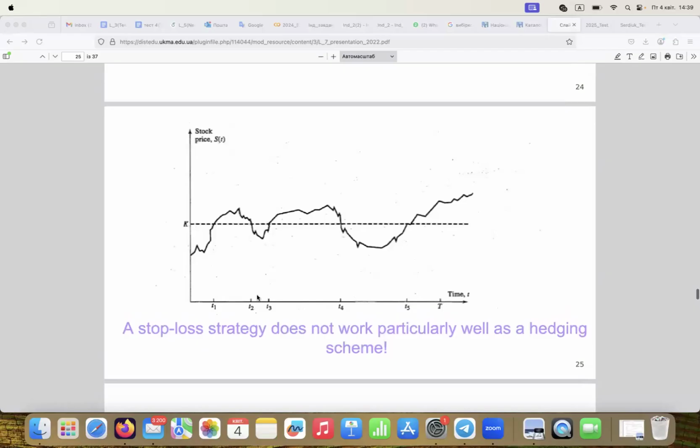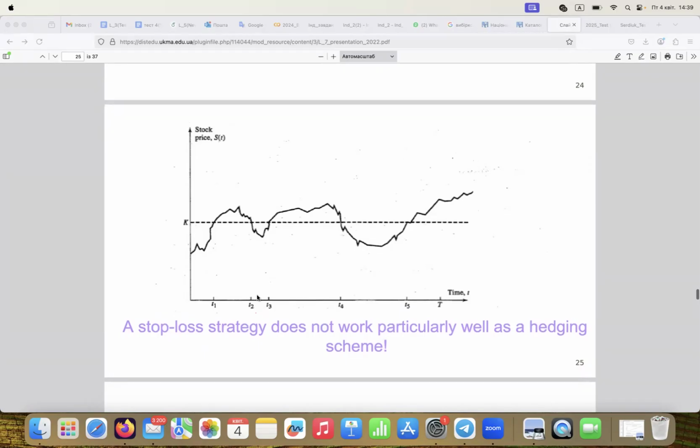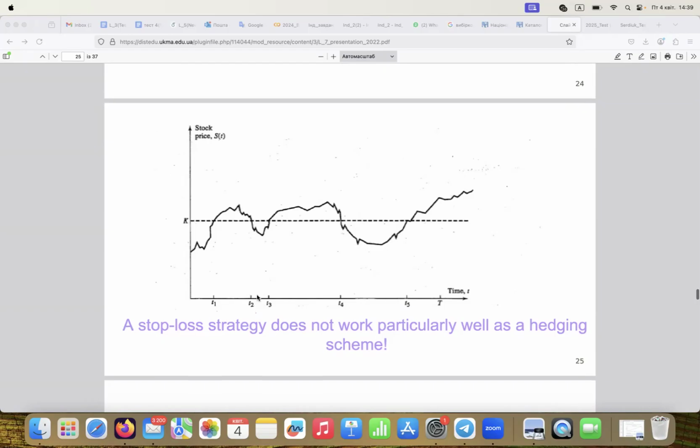We sell our call option too, but in the naked position we do nothing, and in the covered position we immediately buy 100,000 stocks.